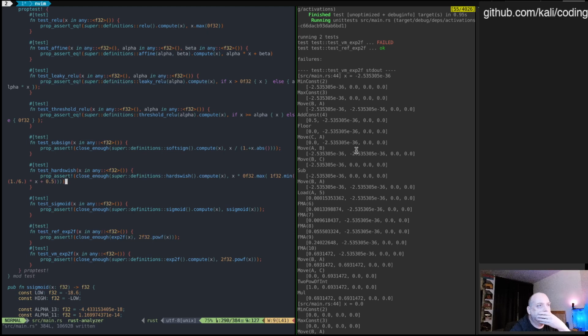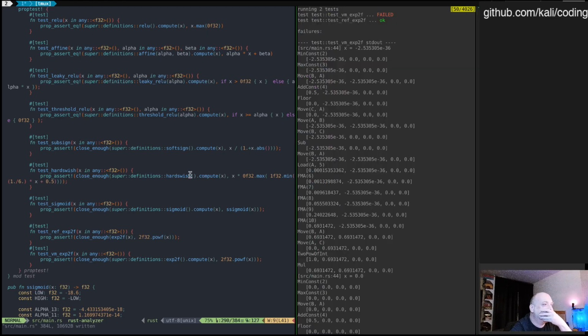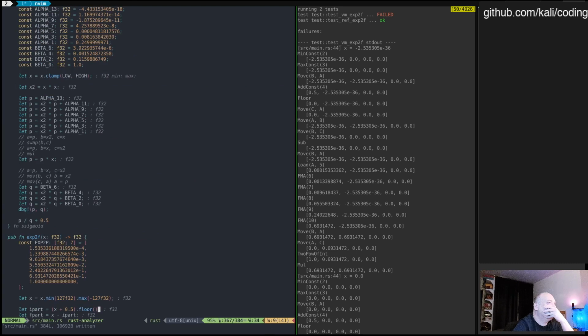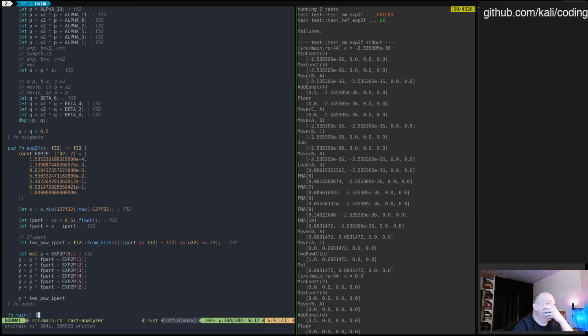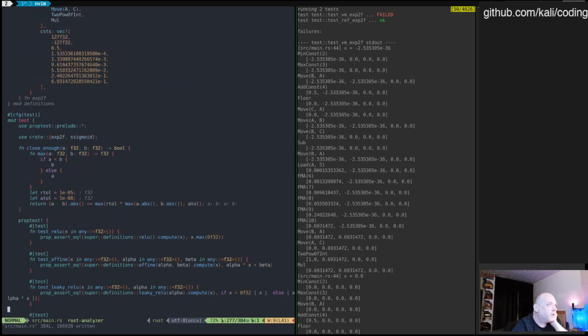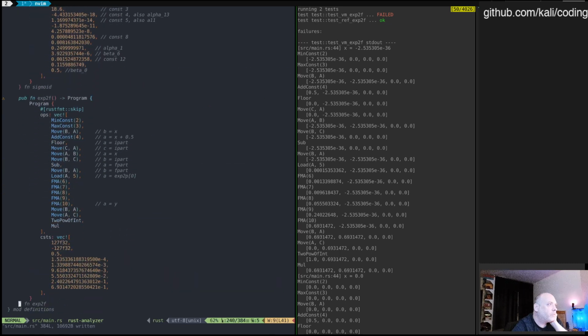So okay, let's go back to, I'm not sure which one is easiest to read to debug. I mean, we want to debug this one, so we might as well try to see if we're doing something obviously wrong. So moving our small x into B, that's okay.